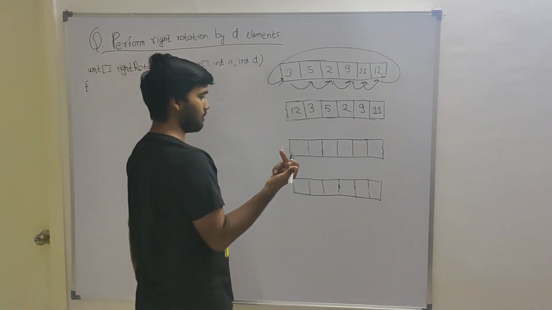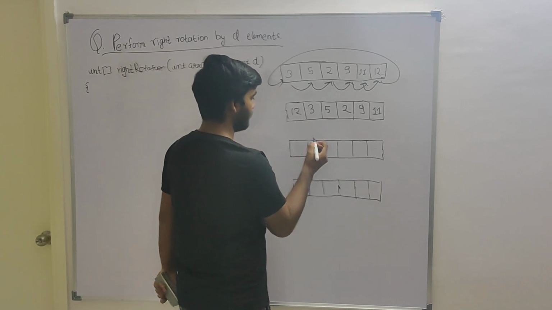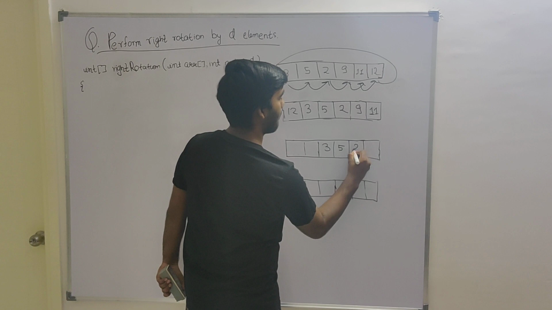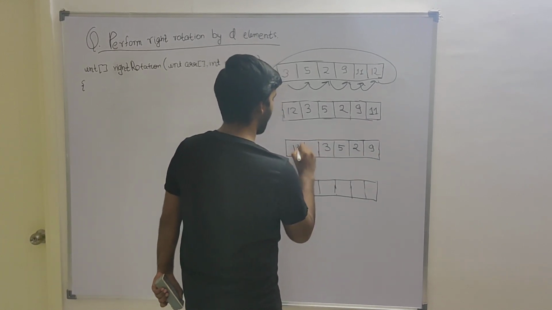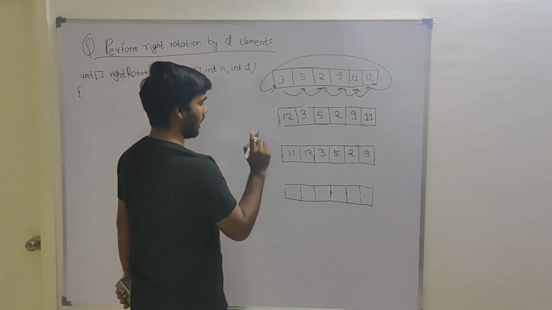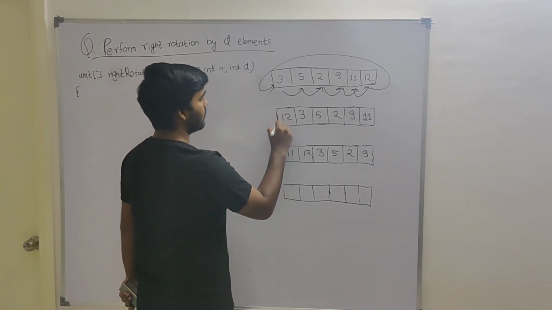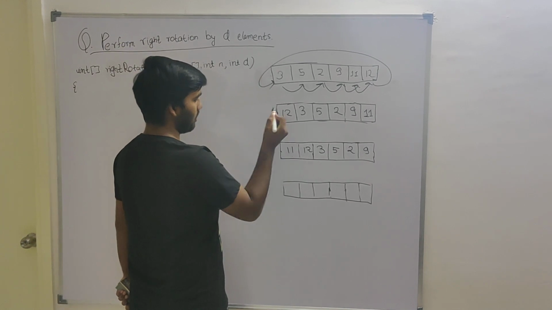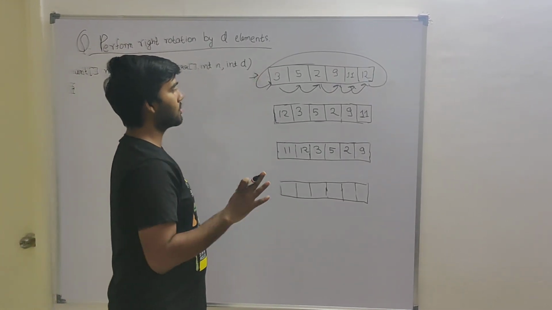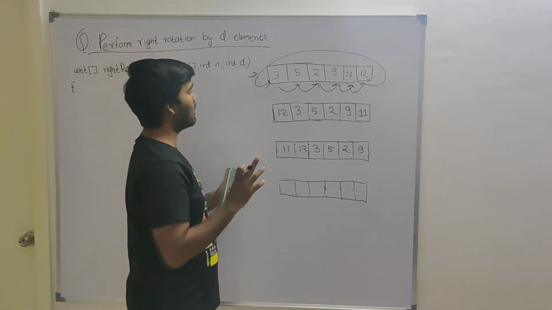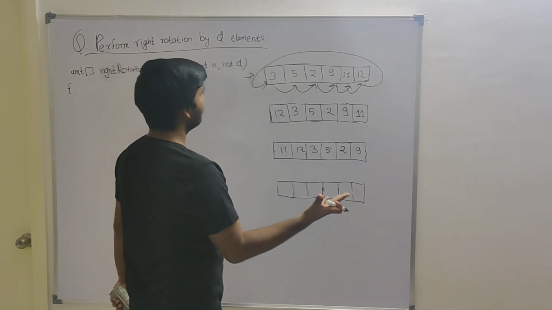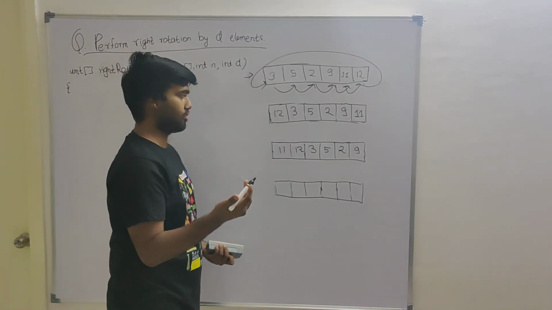Again, if we perform a right rotation of this array, it will be... So this array is right rotated once with respect to this array, but right rotated by 2 elements with respect to the main array. So if we are asked to perform right rotation by d elements, we need to perform one right rotation d times. This is the basic solution.